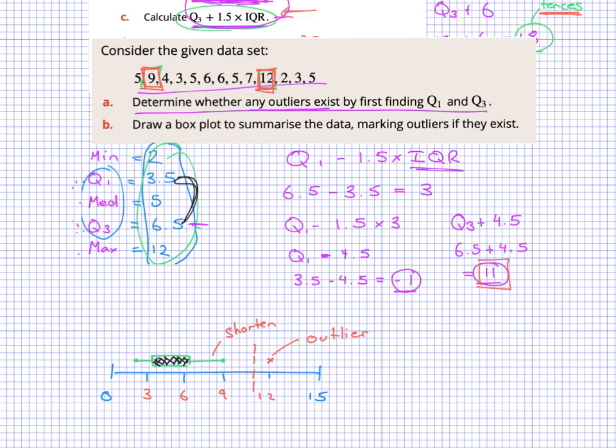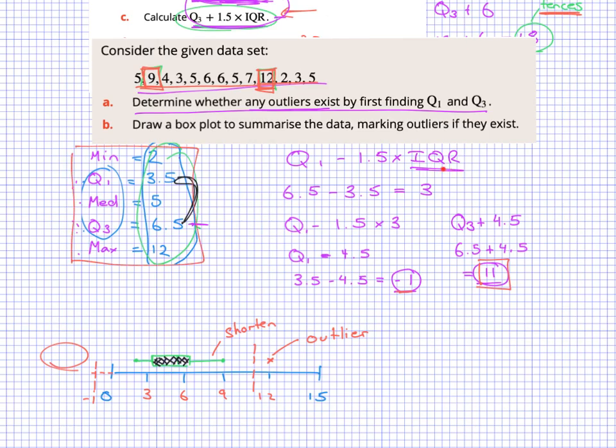I also evaluate the low pieces of data. So I notice that my fence is at -1, which would be out here somewhere. So here's my -1. I don't have any pieces of data that are smaller than -1, so there's no outliers in this bottom half. All right, so to do this, you have to first of all find your 5-figure summary.